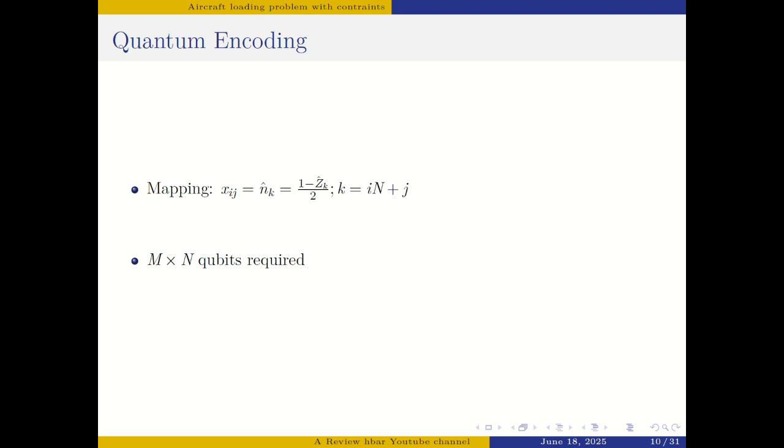This transformation is essential because quantum systems naturally work with qubit states that relate to those eigenvalues. So for a given problem involving m containers and n positions, this mapping strategy requires us to use m times n qubits.